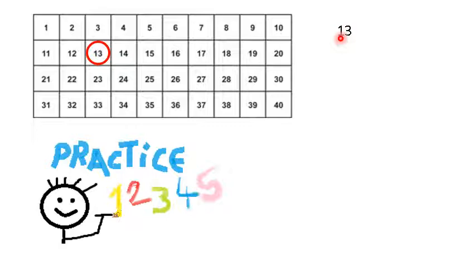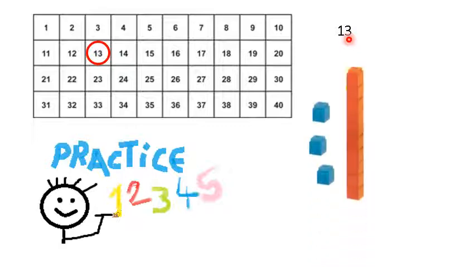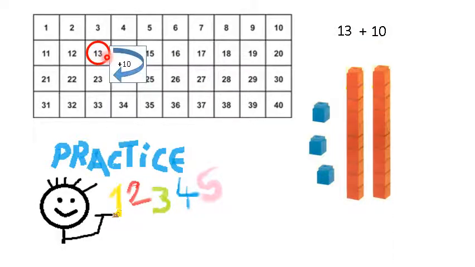So this is 1 red rod because it's 10, and this is 3 blue blocks. Here we have 10, 11, 12, 13, and if I go plus 10, well, that's easy because 10 is 1 red rod, and 13 plus 10 equals 23, and the answer is 23.